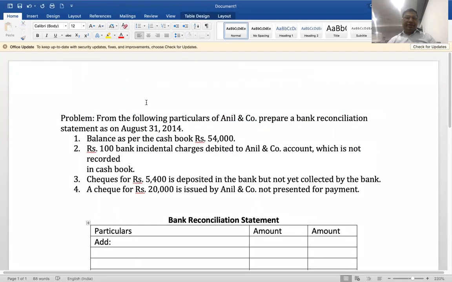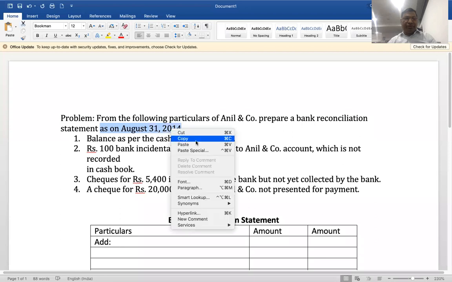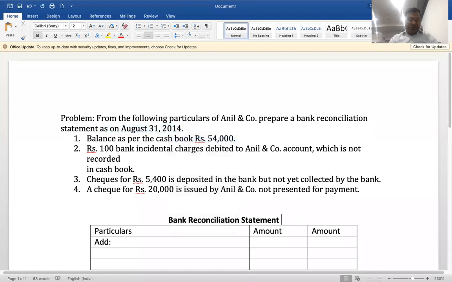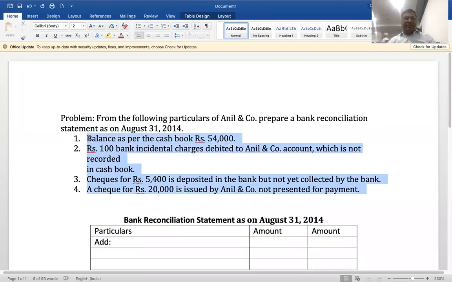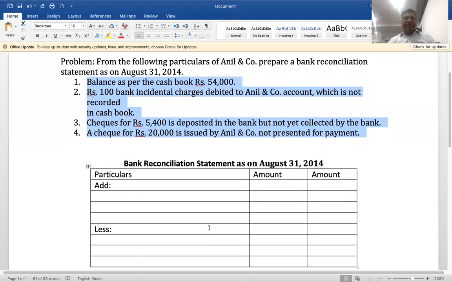When the question is given, you're asked to prepare the bank reconciliation statement as on 31st December 2014. Heading is important. You've written the heading, so the template or the format is over.